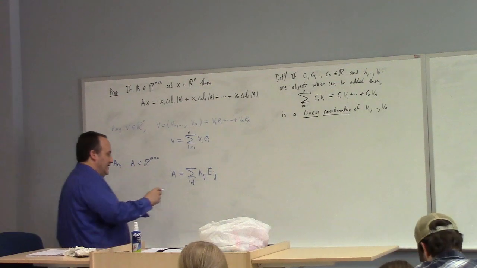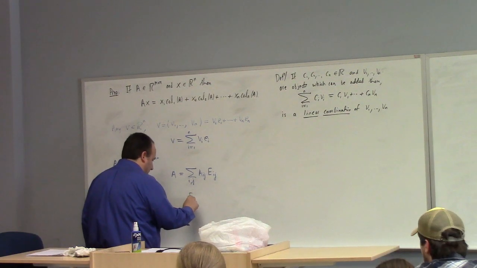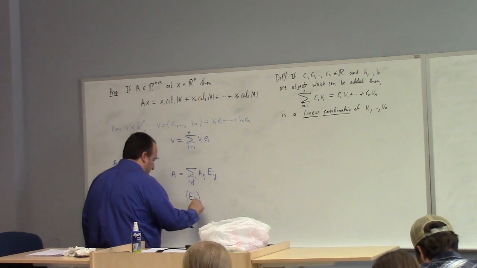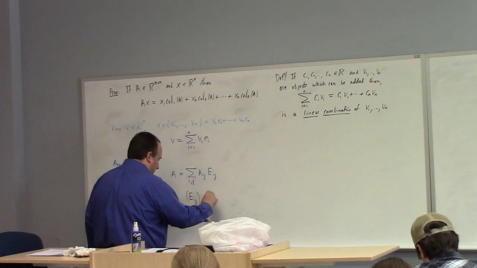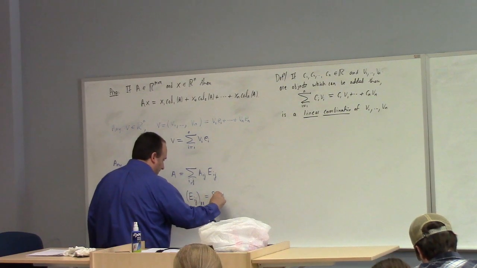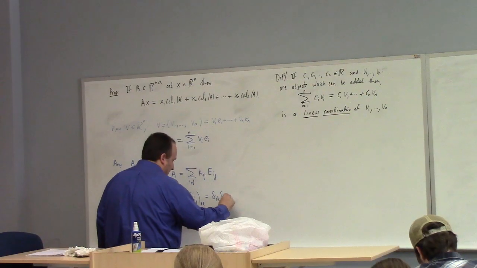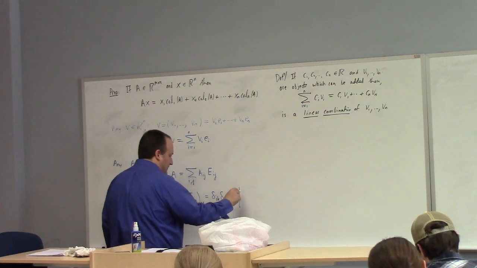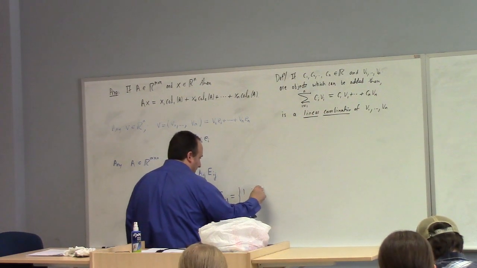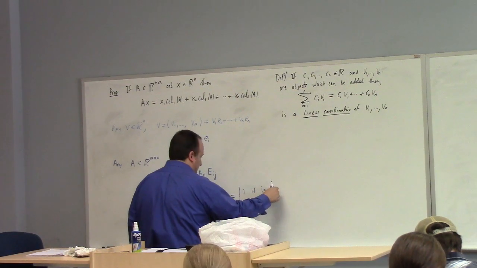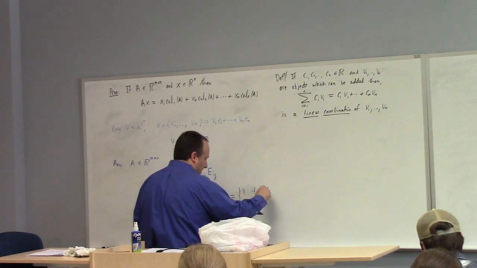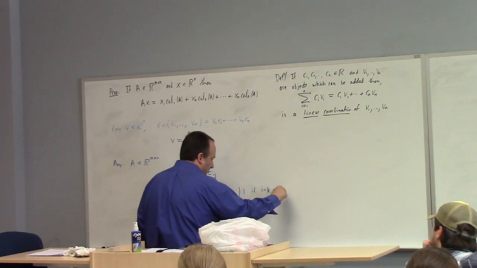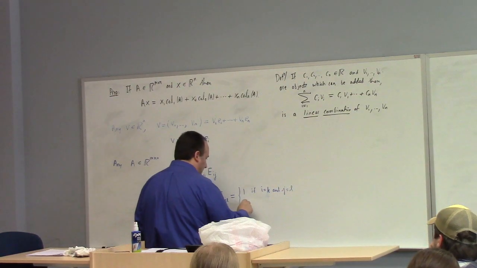Now here, this Eij is called the matrix unit. The way it works is it's Kronecker delta ik, Kronecker delta jl. Just to make it a specific thing, it's 1 if i equals k, and j equals l, and it's 0 otherwise.